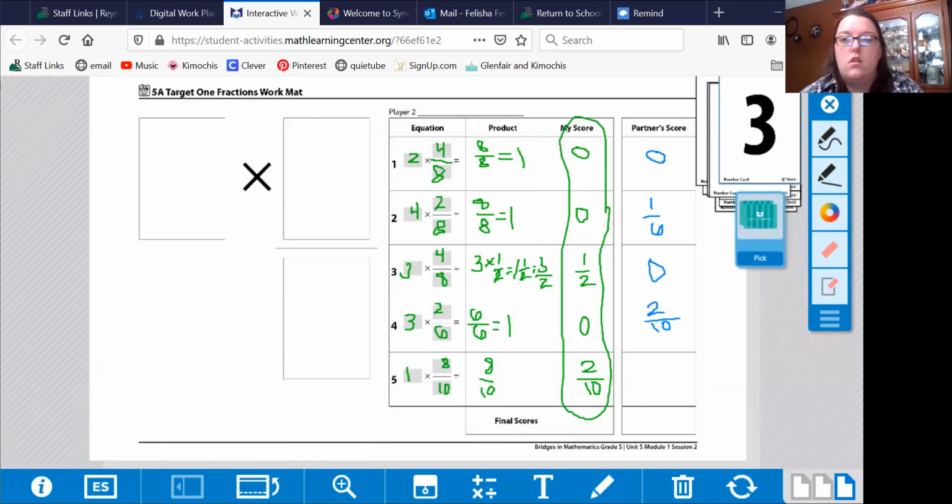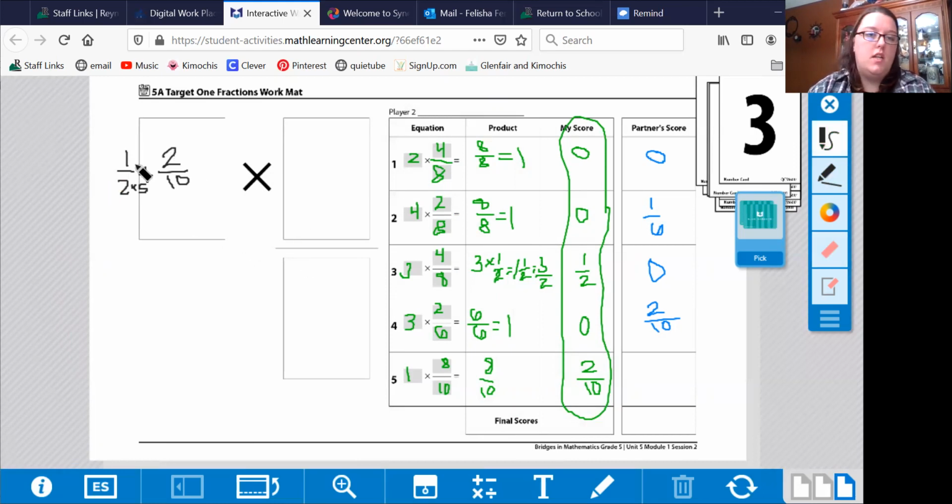Here we go. So 1/2 plus 2/10. Like I was saying, these are different denominators, so I can't add them the way they are. I have to make them the same. So 2 times 5 gets me 10.